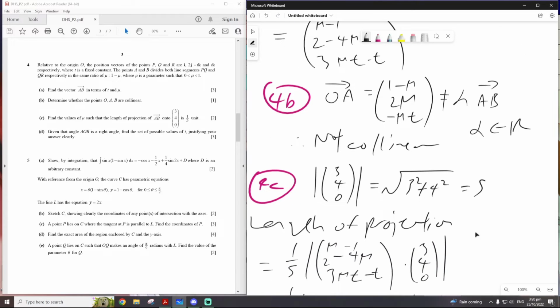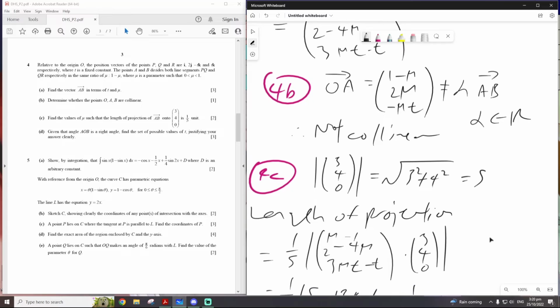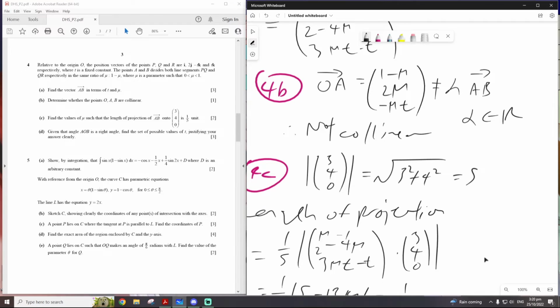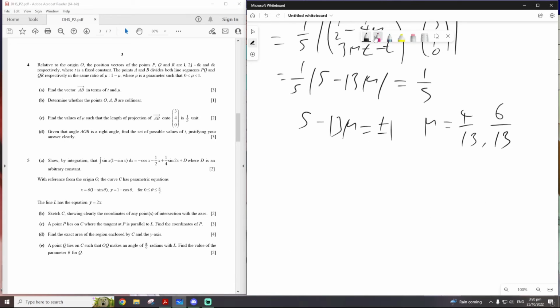Because this implies that OA and OB are perpendicular vectors. So for this, OA equals, I think, (1 minus mu, 2 mu, minus mu t).